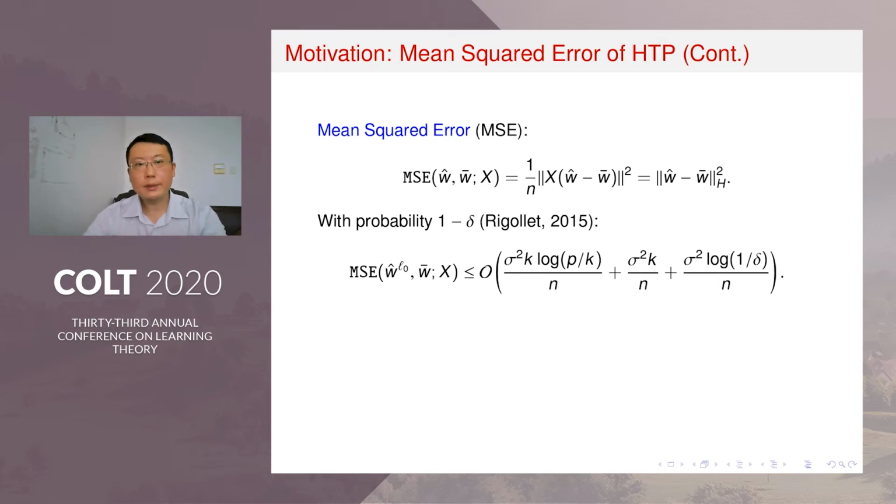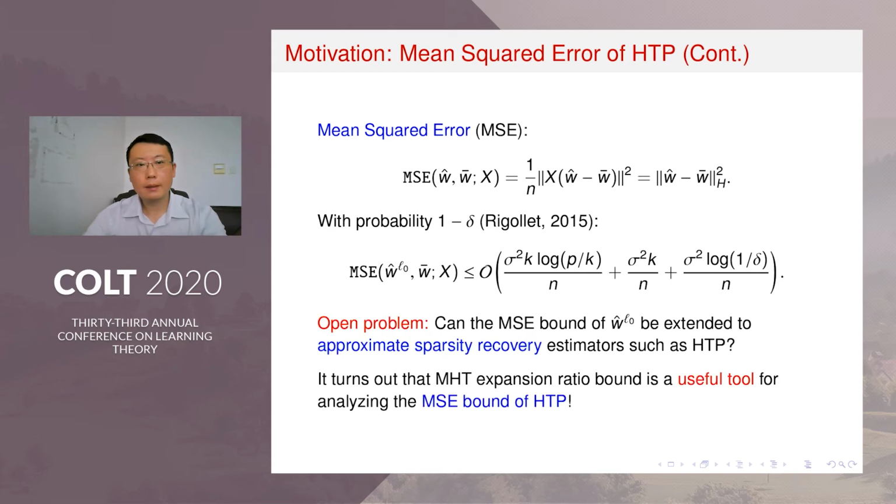For example, the MSE bound of the L0 estimator has long been known in this form. However, it still remains an open issue if such an MSE bound can be extended to the HTP method that approximately solves the L0 estimator. The MHT expansion ratio bound turns out to be a powerful tool for bridging this gap.